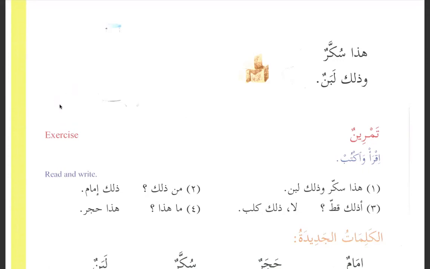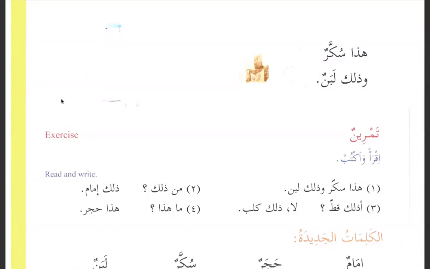Also, how do we know whether to use man or ma? Man is for when you're referring to human beings, or Allah subhanahu wa ta'ala. Ma you use for non-human objects. For example, if someone entered the classroom and I don't know who it is, I say man dakhala, who entered?